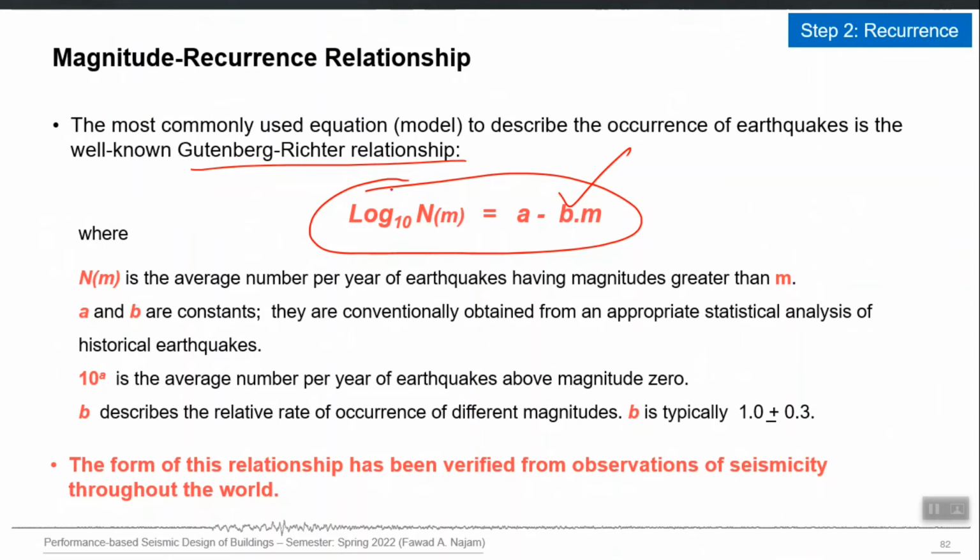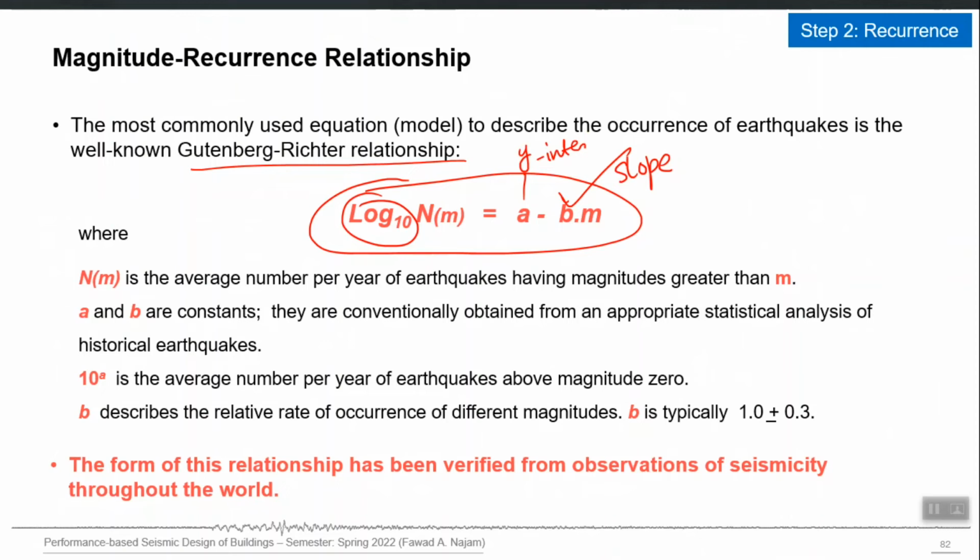Therefore, we have log base 10 of N of M is equal to a minus b times M. So b is the slope of that best fit line. A is the y-intercept, the point at which the line hits the y-axis, right.